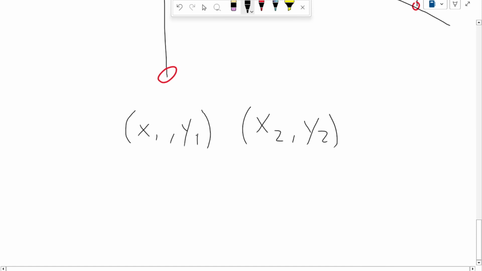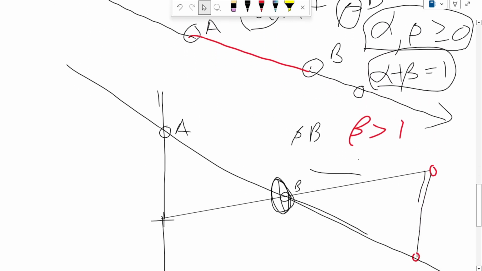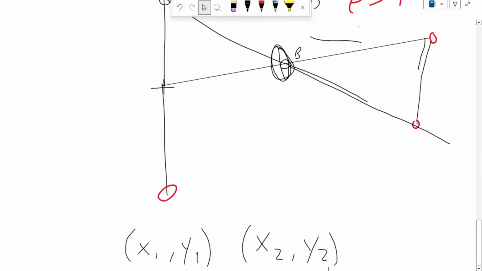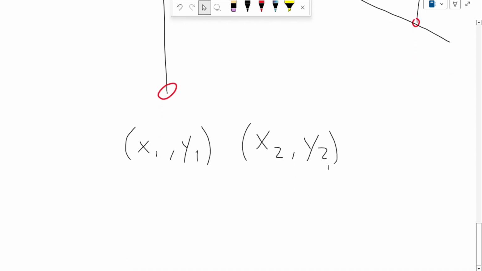Now, the only constraint I'm going to have is that these are not the same point. Because one thing you'll notice is every time I drew 2 points, I always drew them as different points, right? But if you take A and B to be the same point, then any affine combination of them is going to give you back the same point.